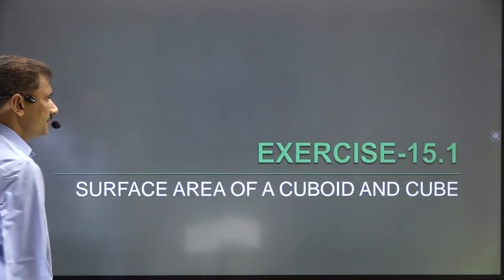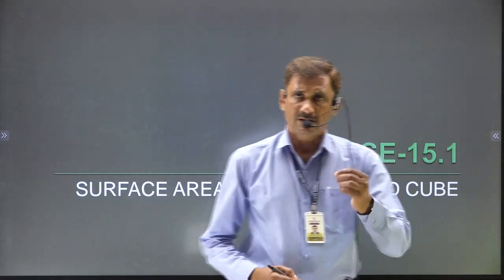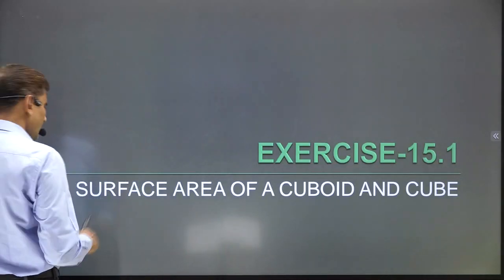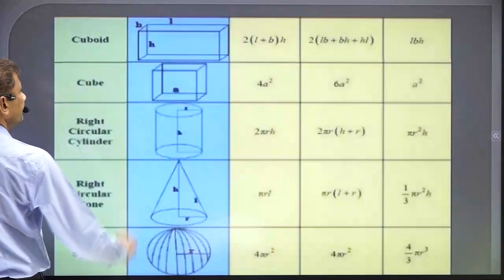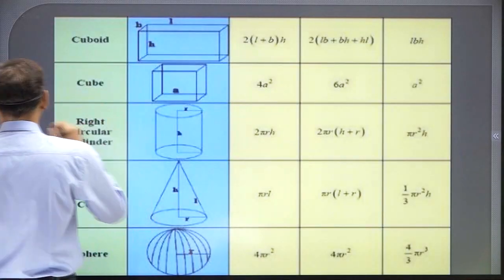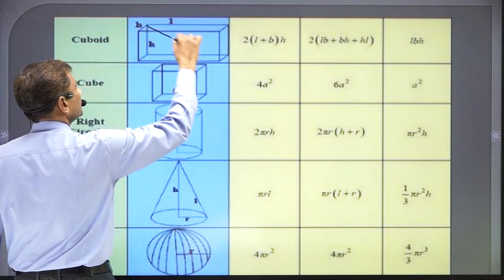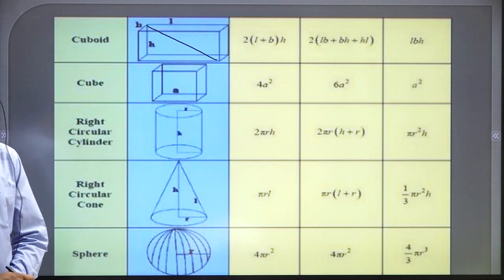Okay. Now before starting the next exercise, one thing I want to clear here. If you make a diagonal from one surface to another, just look here. Suppose you want to draw a diagonal from this point to that point, then what will be the length of this diagonal?